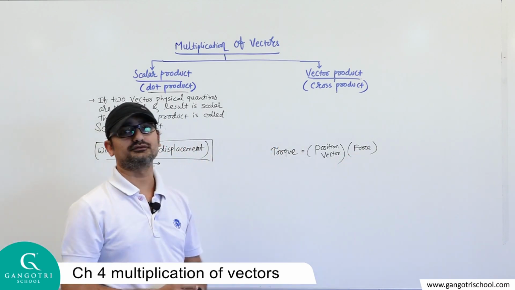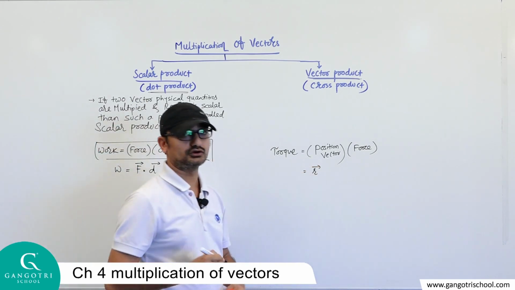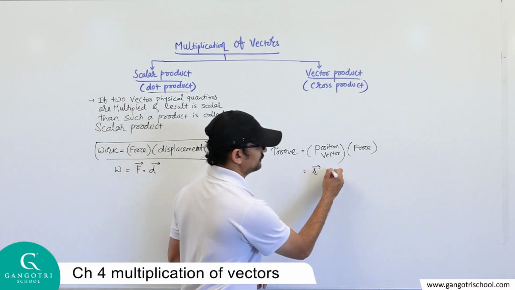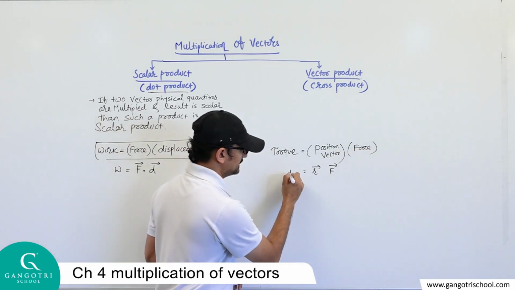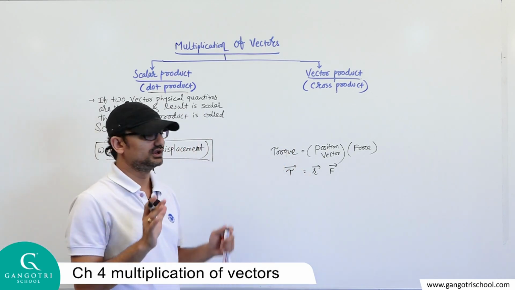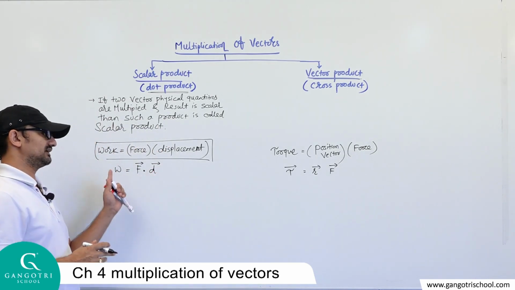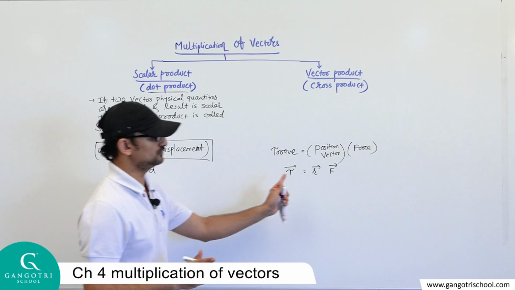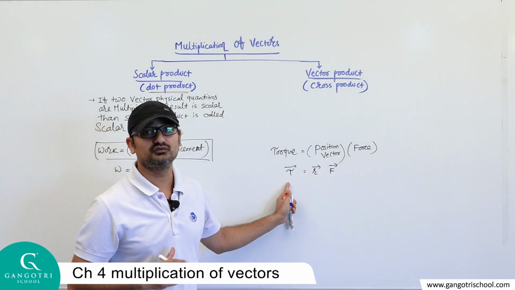Torque is also a vector physical quantity. Position vector is denoted by R, a vector quantity, you have to put an arrow above the symbol. Force is also a vector quantity, you have to put an arrow above the symbol. And torque is also a vector quantity, you have to put an arrow above the symbol. So here, two vector quantities are multiplied but the result is scalar. But here, two vector physical quantities are multiplied and the result is also a vector quantity.